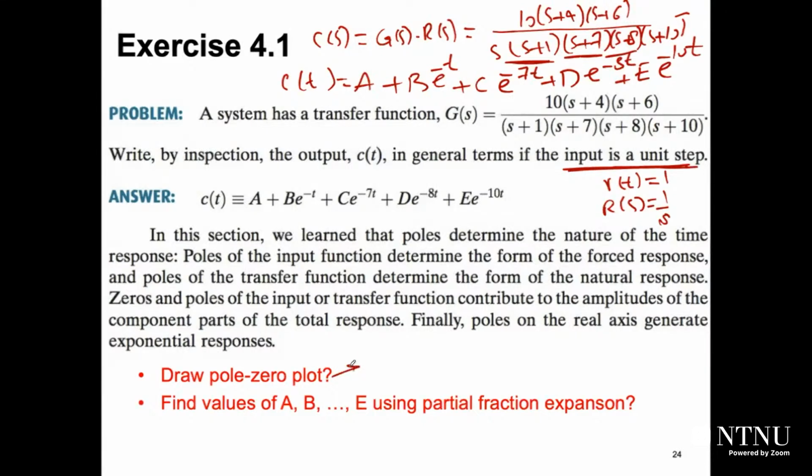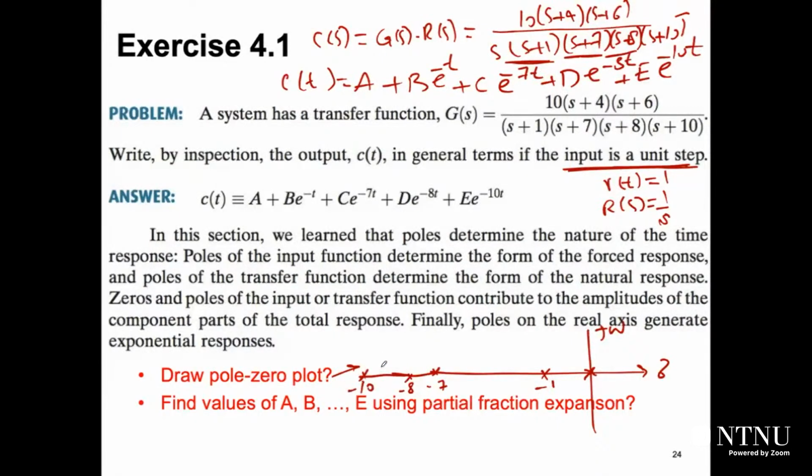When you draw this pole-zero plot, it will be something like this. This is sigma, this is j omega, this is my complex S plane. We will get something at the origin, which is the system pole, at minus 1, at minus 7, minus 8, minus 10.